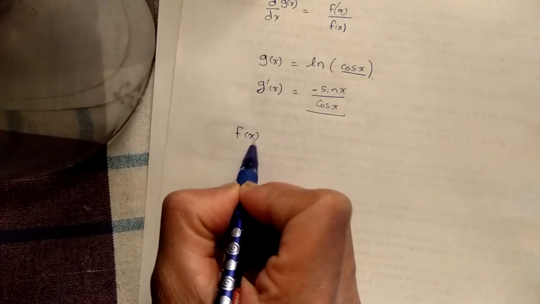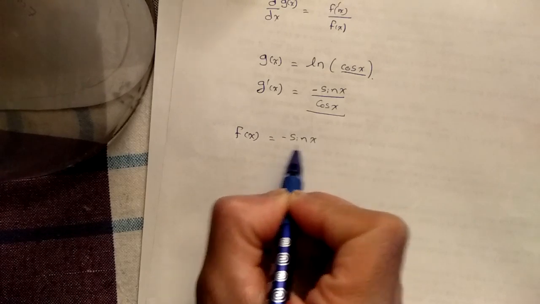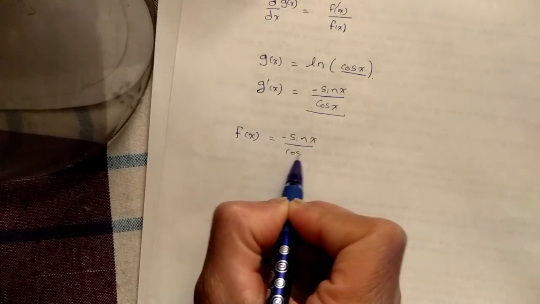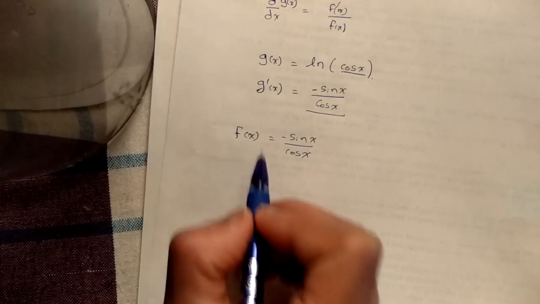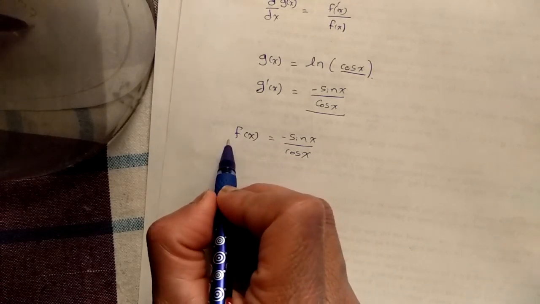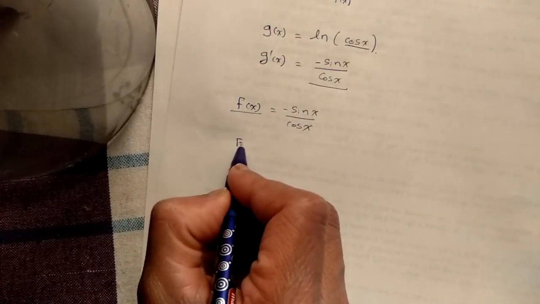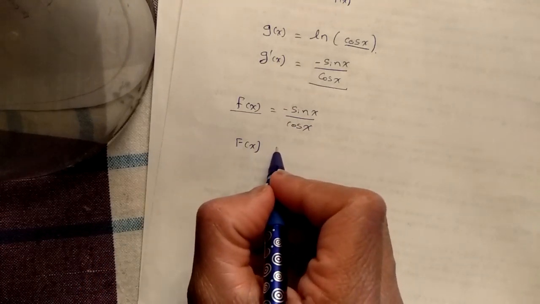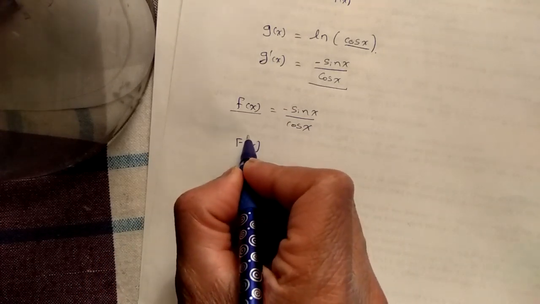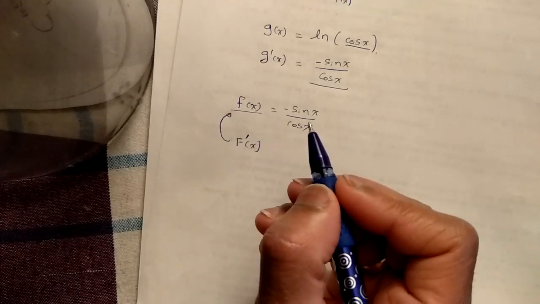If I name this one as f, negative sin x over cosine x, and what if we need to find the antiderivative of this simple f? That means, what if we need to find another big function, so that when you differentiate this one, you should get this as the answer.